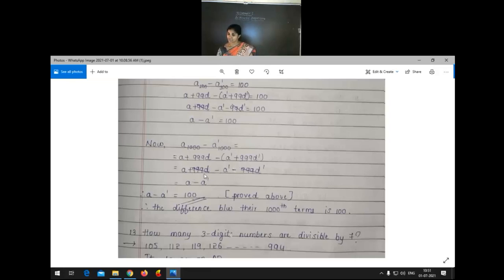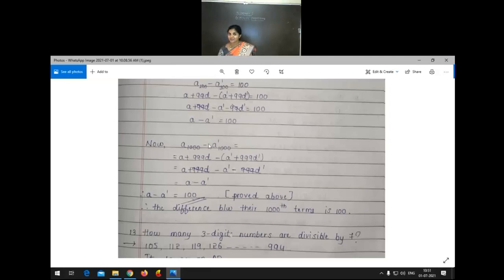A plus 999D minus A dash plus into minus minus 999D dash. Okay. So now 999D minus 999D dash get cancelled because D and D dash are equal. Now remaining is A minus A dash.